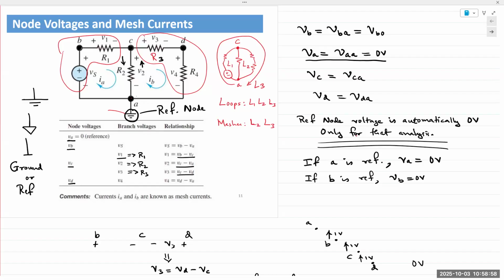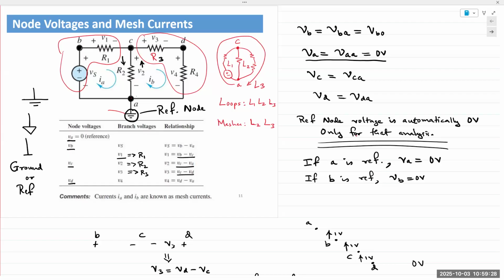And so VA and VB are now known. VC and VD are the only unknowns. So in node voltage analysis, if you have a voltage source and you choose the negative end of the source as your reference, you automatically have eliminated 2 nodes from your analysis. You only have 2 unknowns left, C and D. So we only need to write 2 equations. Does that make sense to everyone?